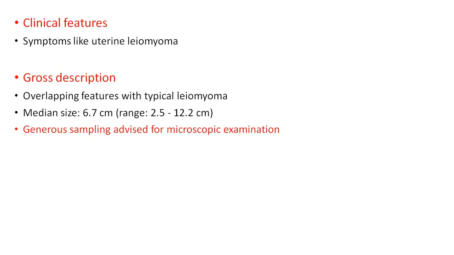But during grossing, if we observe that the tumor has infiltrative borders, is trying to replace the endometrial cavity, or has necrosis, then it is really important to do generous sampling, because there could be a STUMP or even some foci of leiomyosarcoma present.